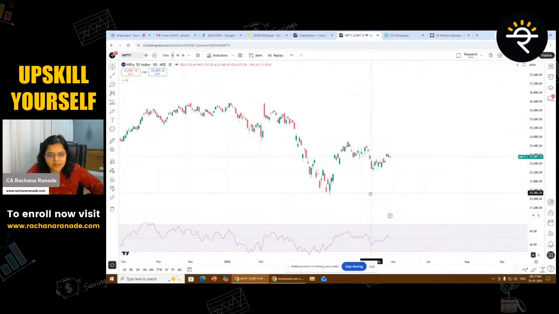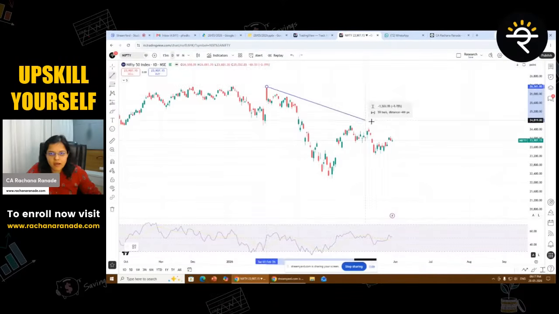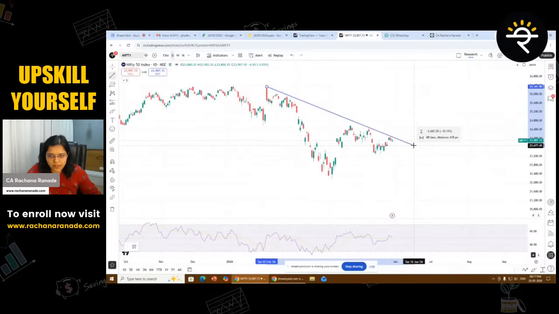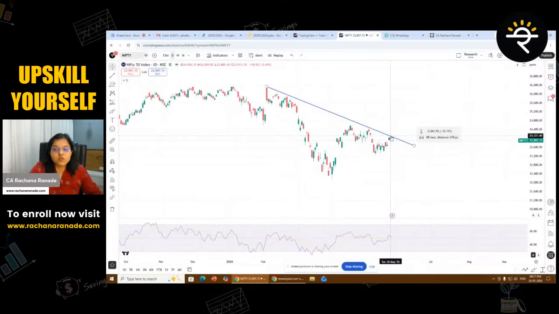All right. So if you can see this very clearly, this was the swing high and yet another swing high, yet another swing high. So I'm just going to join these lines for swing highs. And you can very clearly see that Nifty is facing a resistance at these swing highs. So there are chances that Nifty touches this and sees a pullback, and that's what we saw here as well, right?